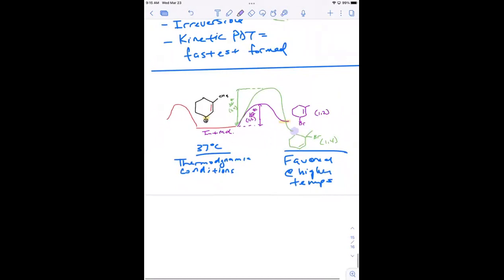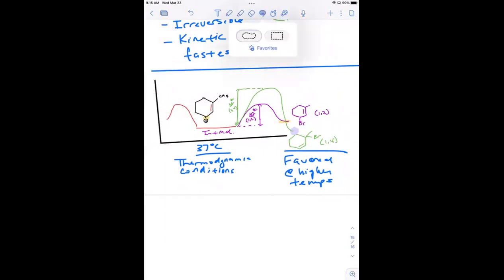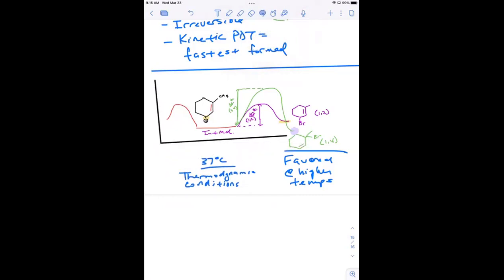If the energy diagram is here, and on the x-axis is time, and then on the y-axis is energy, you can see that the 1,4 product is lower in energy.